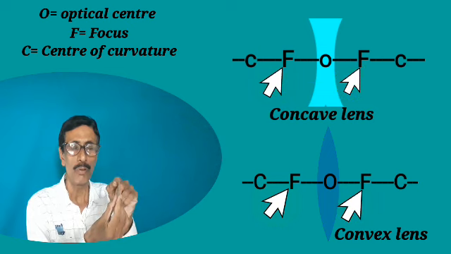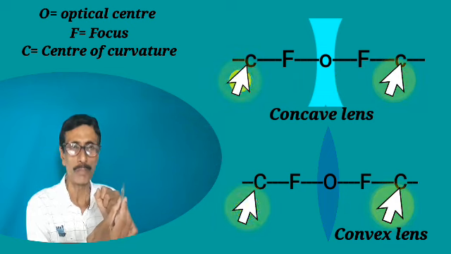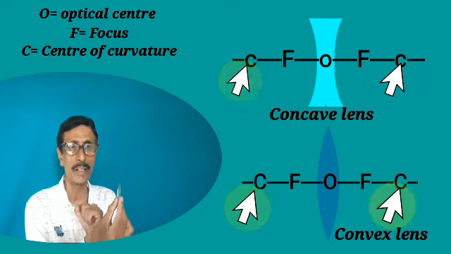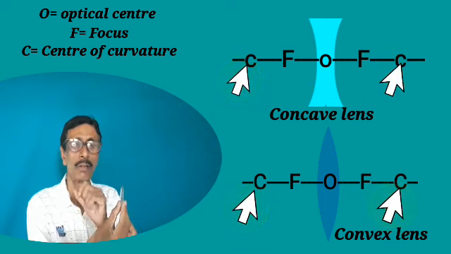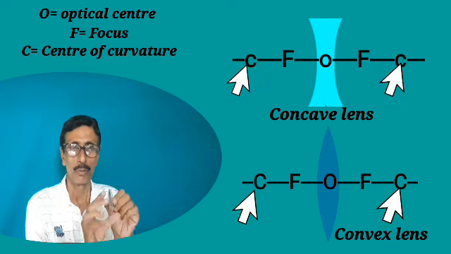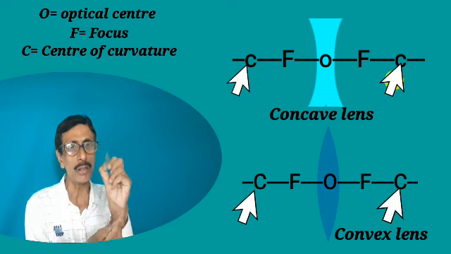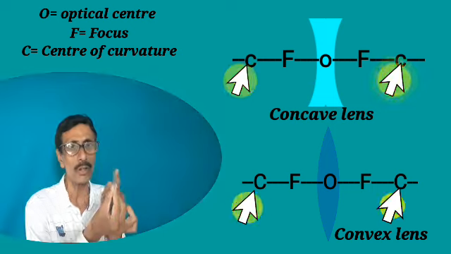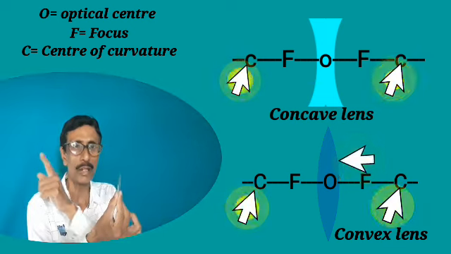These are focus points. These are centers of curvature. In this lens, the focus point and center of curvature are on this side, whereas the center of curvature and focus point are on this side in case of this lens.